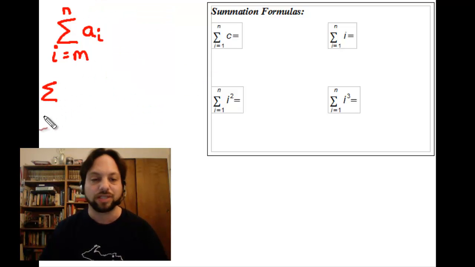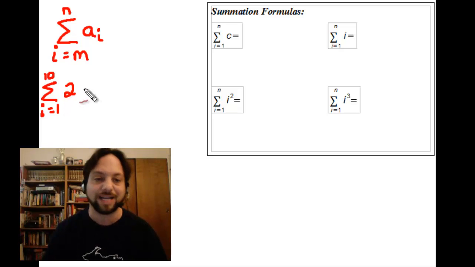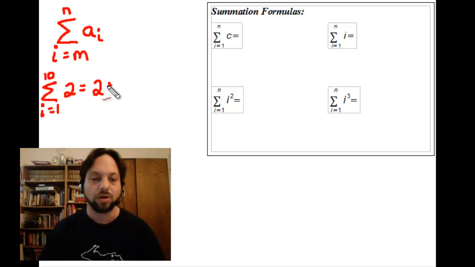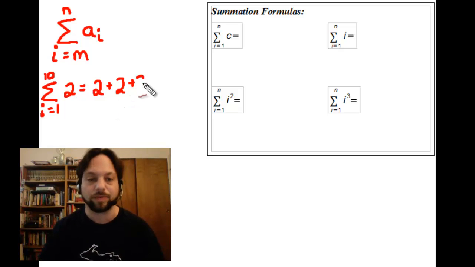Let's say we wanted to do the summation from i equals 1 up to 10 of just some value, let's say 2. Now, this particular term right here does not involve i in any case. So when i equals 1, this will be 2. When i equals 2, this will be 2. When i equals 3, well, again, this will be 2.